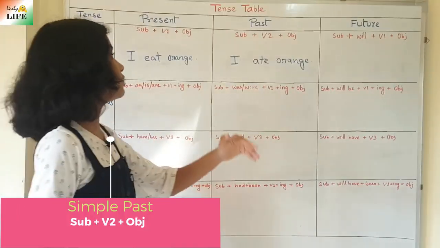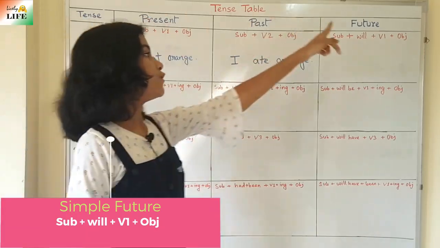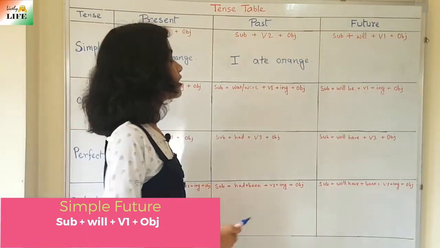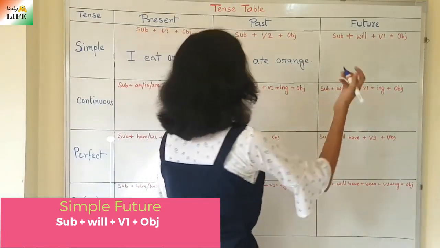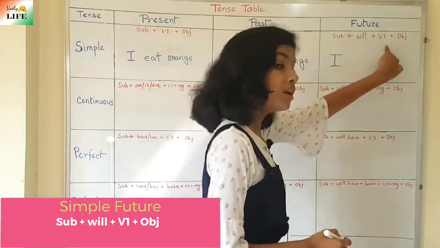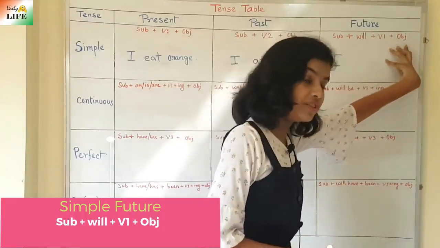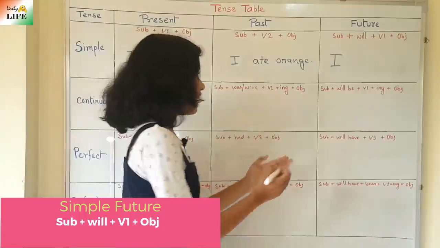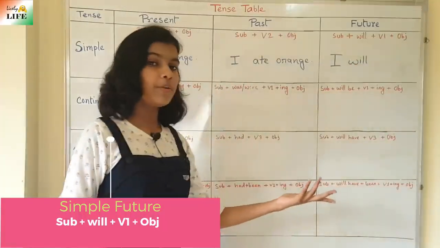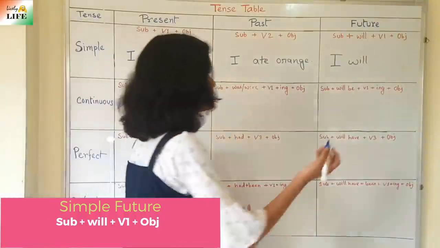Now let's move to the third one, that is simple future tense. So what is the construction? First subject, same I, then will, then V1 form, and then object. So I will, then V1 form, means the first form, so it is eat.